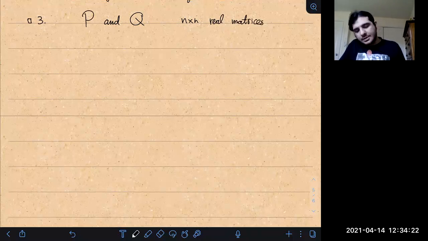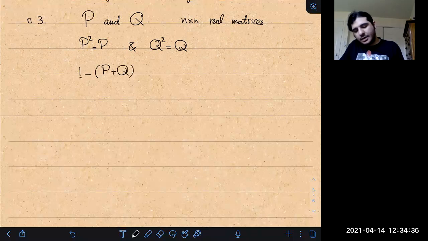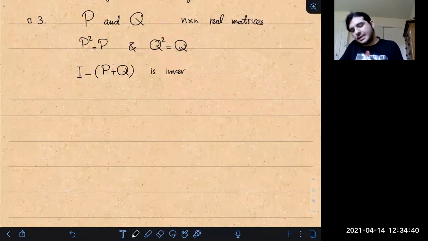Suppose P squared is equal to P and Q squared is equal to Q. Also suppose I minus P plus Q, by I I mean the identity matrix, is an invertible matrix. Now prove P and Q have the same rank. Prove rank of P is equal to rank of Q.